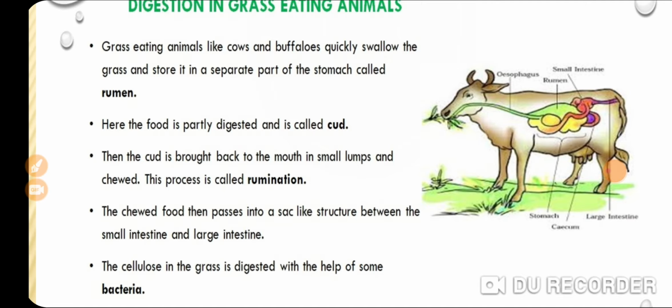The chewed food then passes into a sac-like structure between the small intestine and large intestine. The cellulose in the grass is digested with the help of some bacteria.